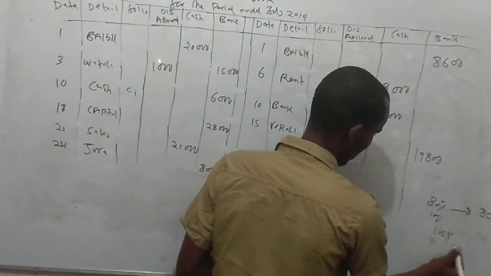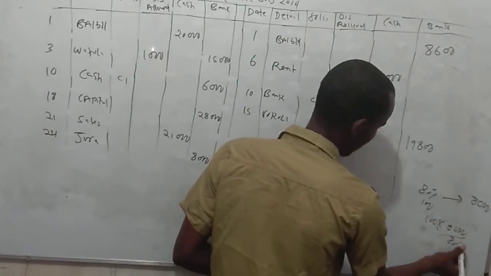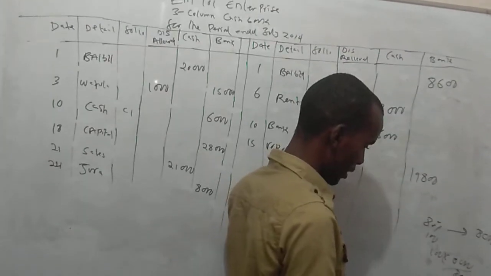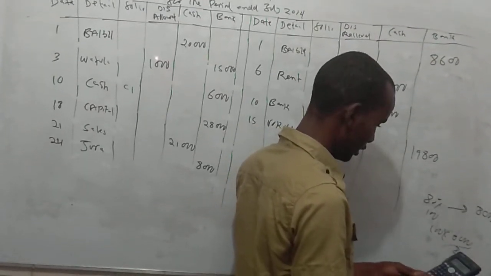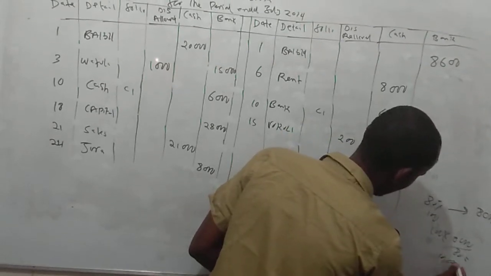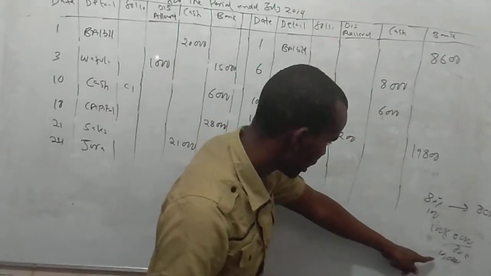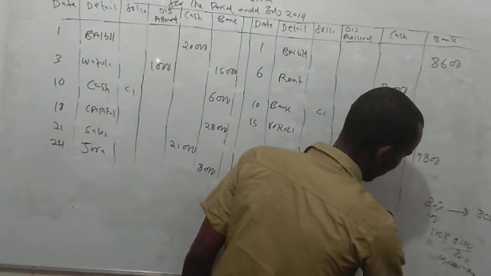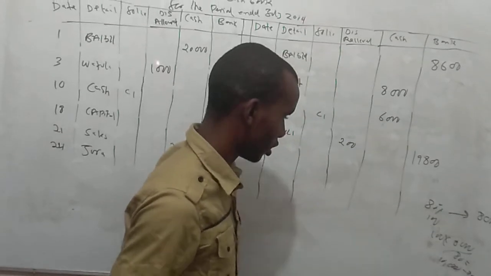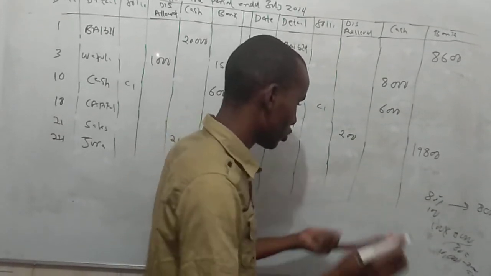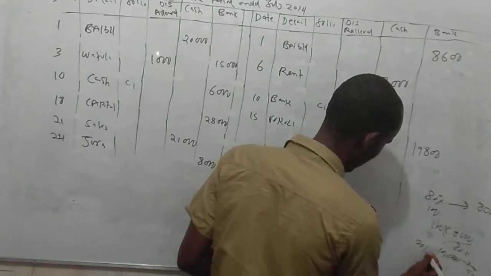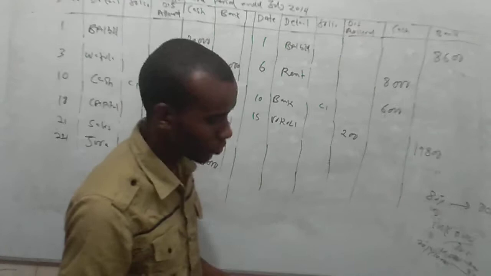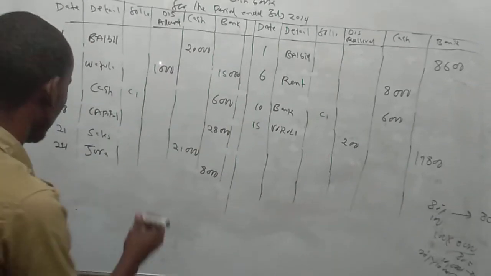This is 100 multiplied by 8,000 divided by 80, which gives me 10,000. For us to get the discount, we take 10,000 minus 8,000. That will give you 2,000. Or you can also take 20% of 10,000, which still gives 2,000. So that 2,000 is our discount allowed.